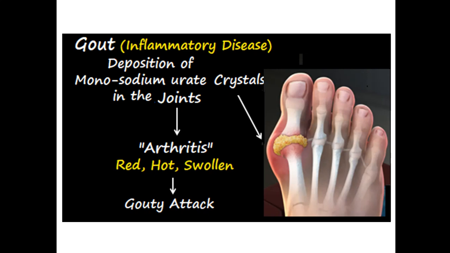Now, the uric acid, after losing a proton, becomes the urate ion, and it joins with the sodium ion to form monosodium urate crystals, which are sharp, needle-like crystals that get deposited in the joints, and the first metatarsal joint at the base of the big toe is the typical joint that is involved.